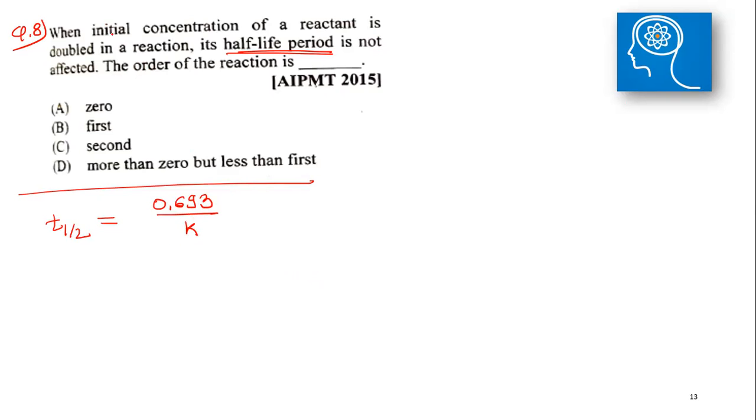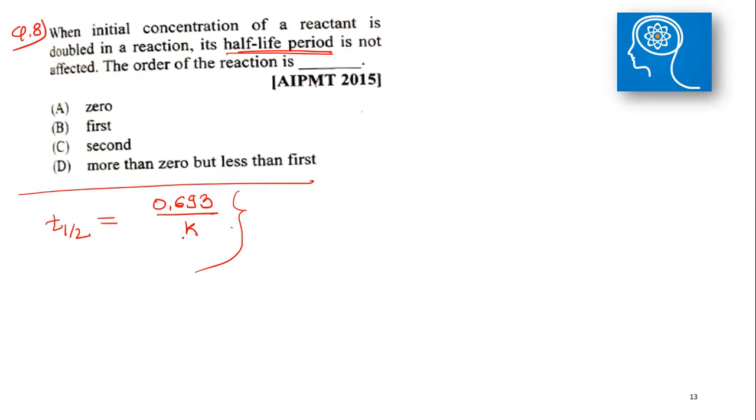And what does this reaction show? When initial concentration of reactant is doubled in the reaction, the half life period is not affected. Even if the initial concentration is doubled, the half life period is not affected. So what does this equation show? The equation implies that the half life of the first order reaction is constant and independent of the reactant concentration. Do you see the reactant concentration anywhere here? No. So it is independent of the reactant concentration. As it is independent, the change in concentration does not affect the half life.